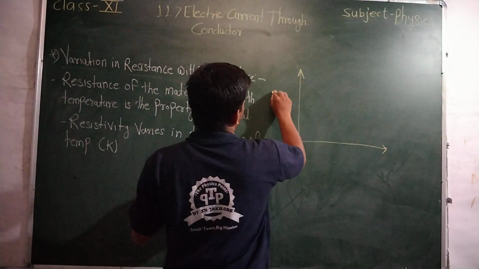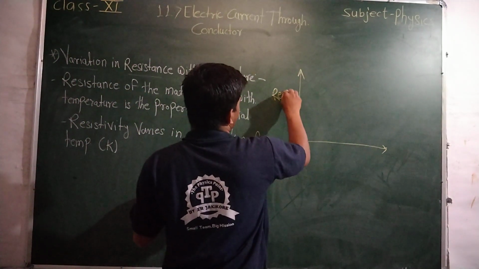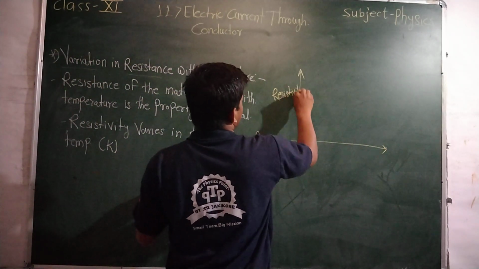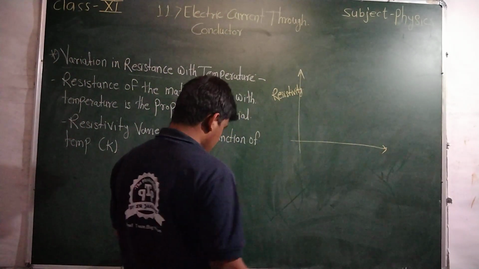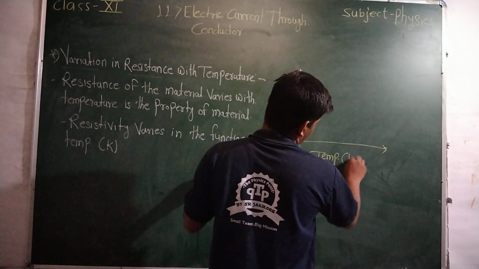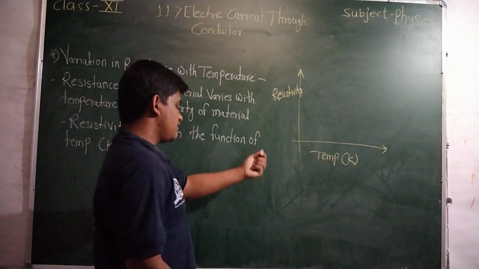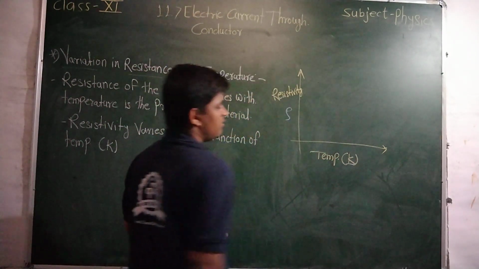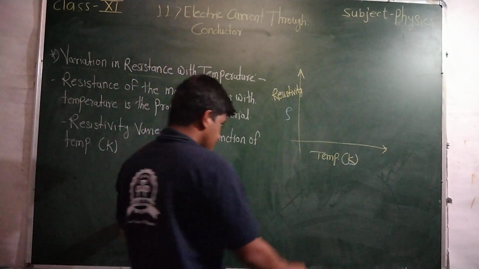This is the resistivity rho, and this is the temperature in kelvin.